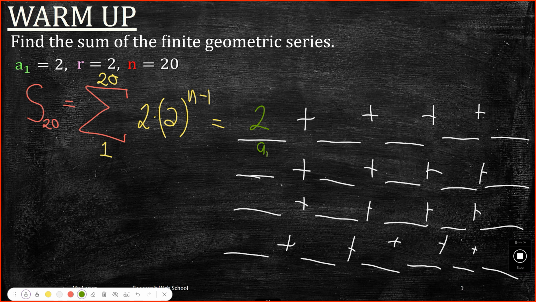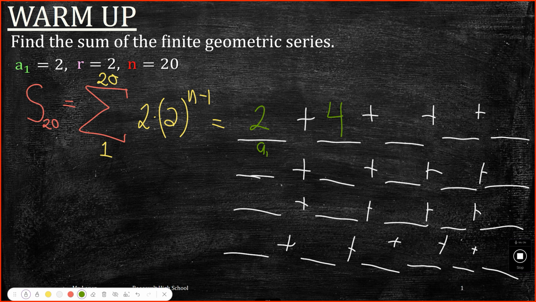Anybody, what is A2? 4. How do we know it's 4? You can get it two ways. A1 is 2, and you are multiplying it by 2, so it should be 4. If you really wanted to use the formula, plug in n is 2. 2 minus 1 is 1. 2 to the 1 power is 2. 2 times 2 is 4.